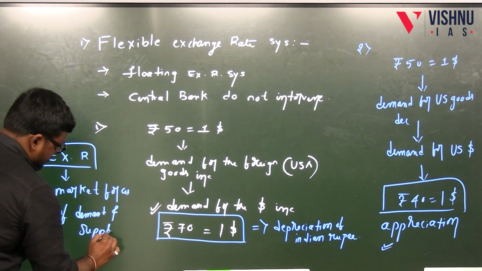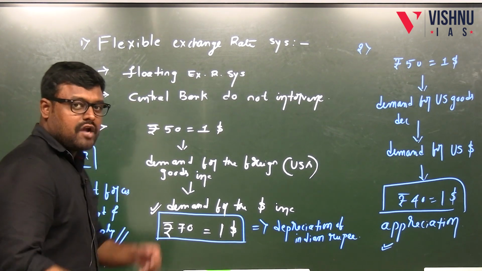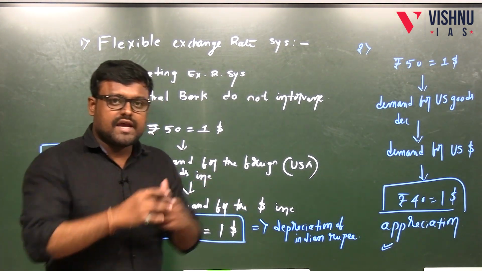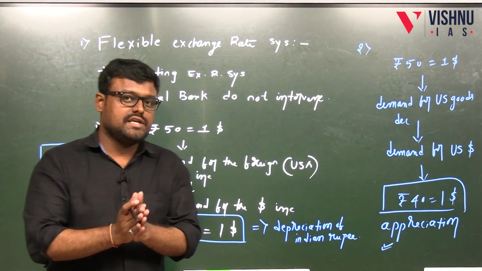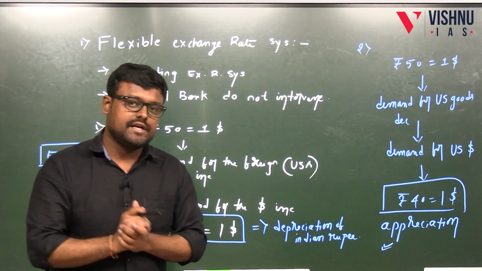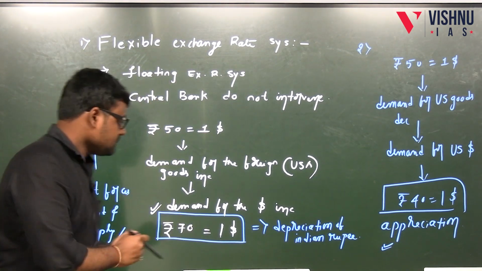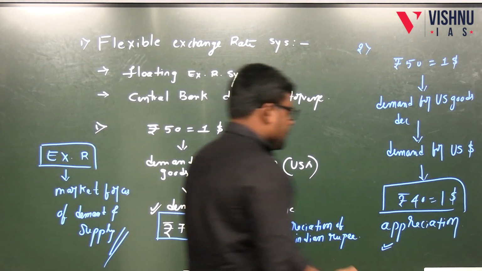Here the central bank will not intervene in the foreign exchange market and will not say that this should be the exchange rate and that should be the exchange rate. That is not the case under the flexible exchange rate system. So I hope you understand the concept now. Right. So let us take the next one here.